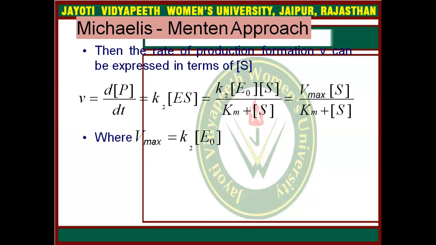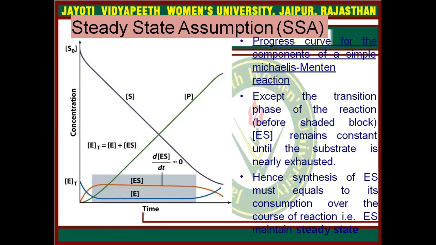Then the rate of production and formation V can be expressed in terms of S: V = dP/dt = K2[ES], where Vmax = K2E0. Now we come to the steady state assumption, which is SSA.